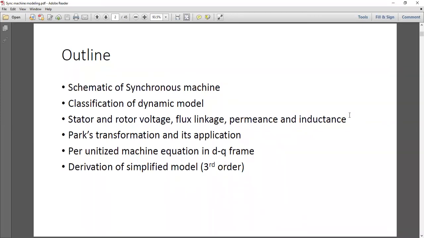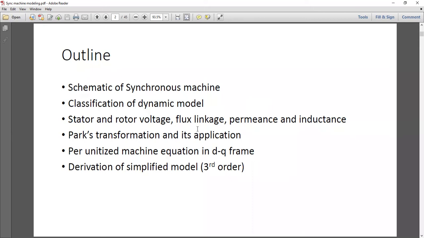For any three-phase machine, just by looking at the number put against the classification, you can easily identify what is inside the machine, which part is taken and which part is not while trying to model the system dynamics. That will be the second item.